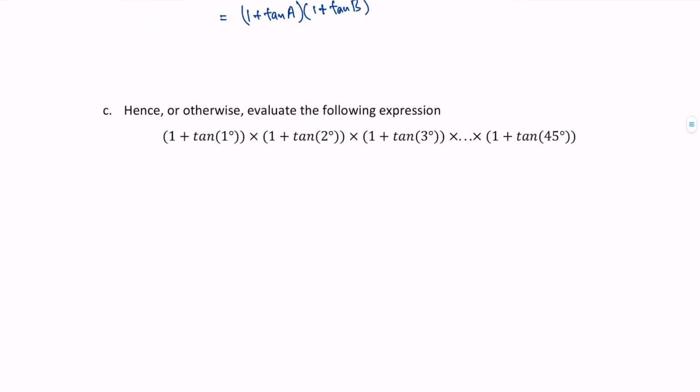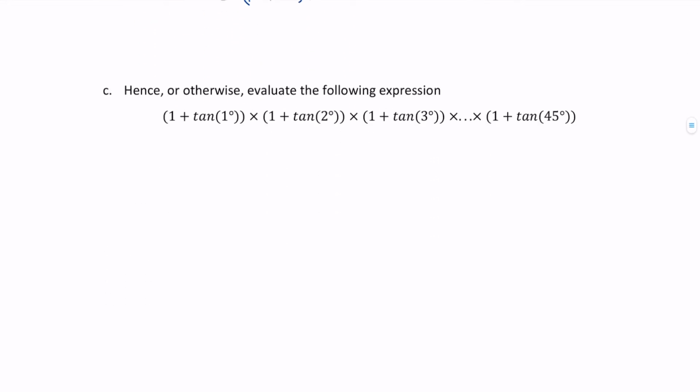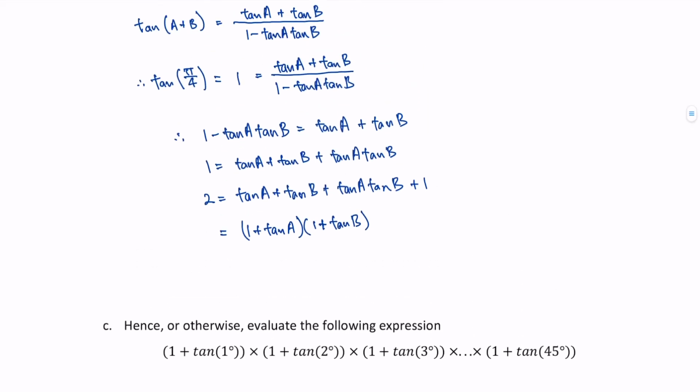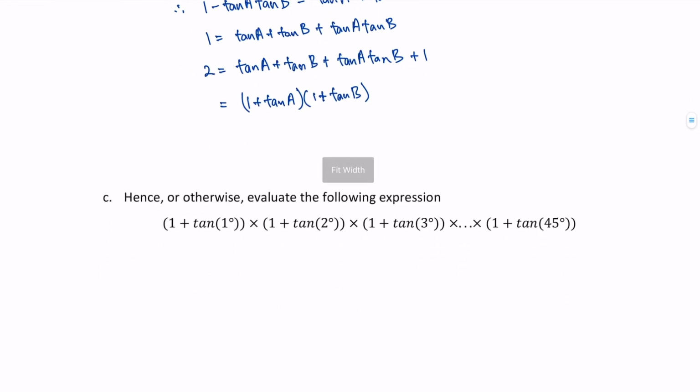And for part C, all we use is the thing we proved in part B. So we've got 1 plus tan of 1 degree all the way up to 1 plus tan of 45. What we can do is actually pair each one. So here we can actually write this as 1 plus tan of 1 degree multiplied by 1 plus tan of 44 degrees.